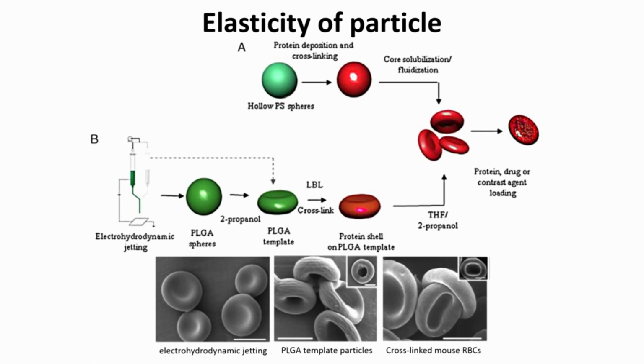So, here is another method to make these highly low modulus particles. In this case again they have used hollow polystyrene spheres. What they have done is they have essentially created proteins to adsorb onto these. Because the proteins will adsorb on any exposed surface, they have these proteins essentially coated.